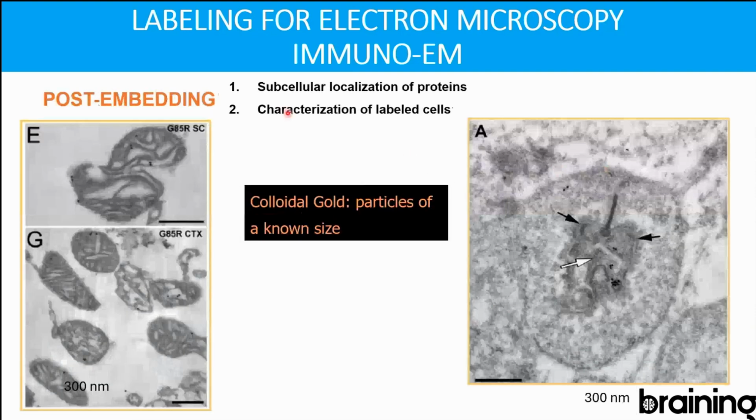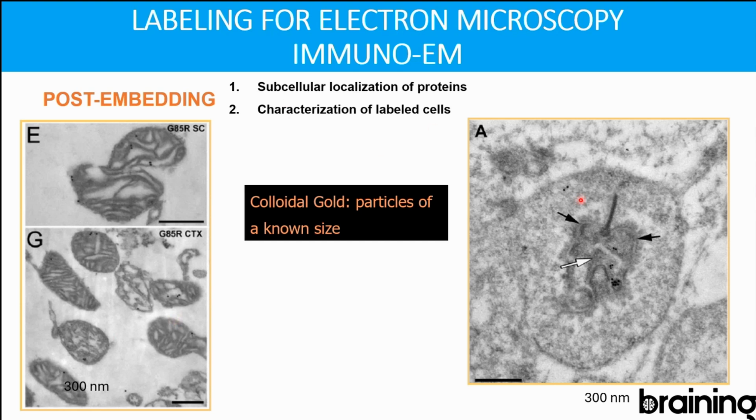And the post-embedding method also, of course, has some pros and cons. So the pros are that you can localize protein subcellular localization. Here I'm showing you, for example, some mitochondria. You can even discriminate if the labeling is in the inner membrane or the outer membrane. So it's kind of cool.